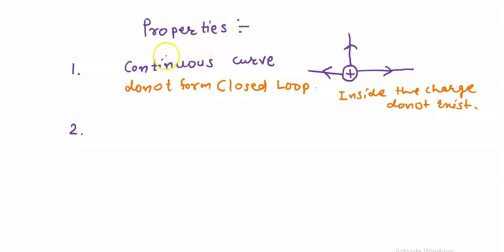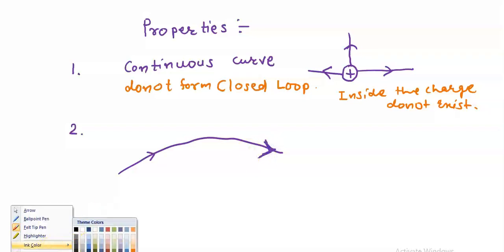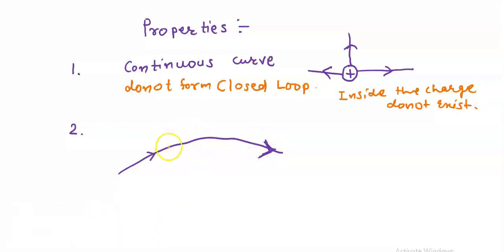The second point is, suppose there is an electric field line like this. This is an electric field line which we have drawn. Now suppose we draw a tangent at any point of the electric field line, somewhere here like this.